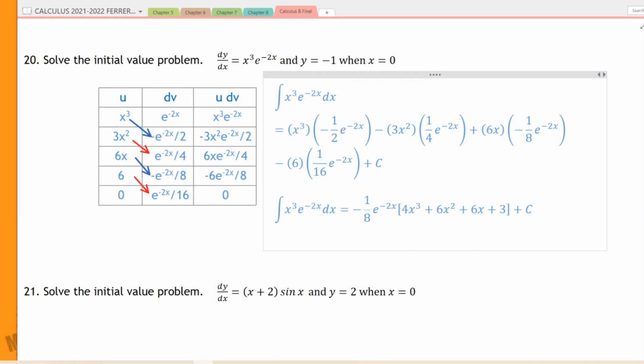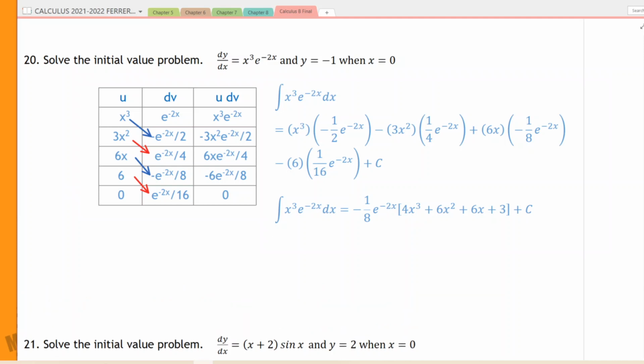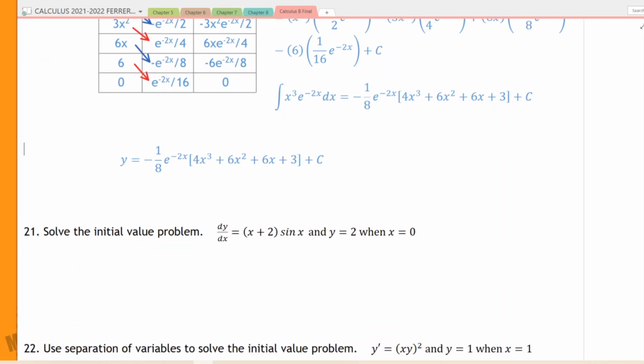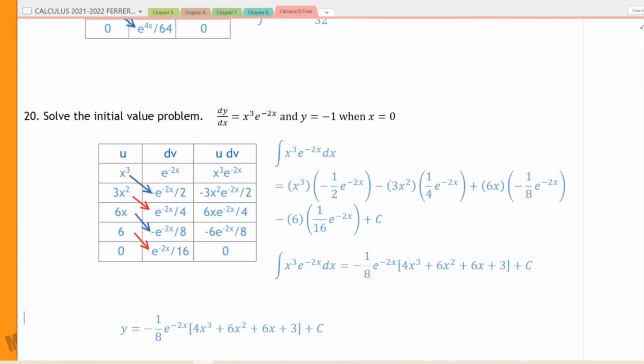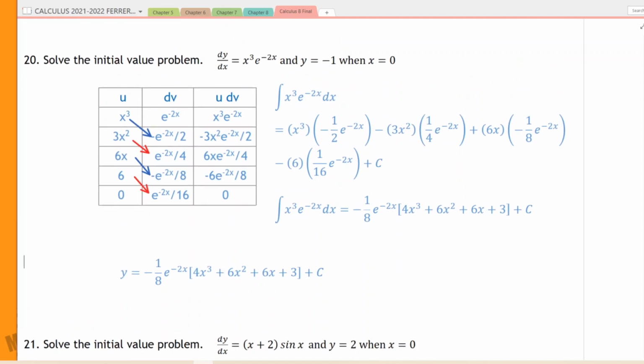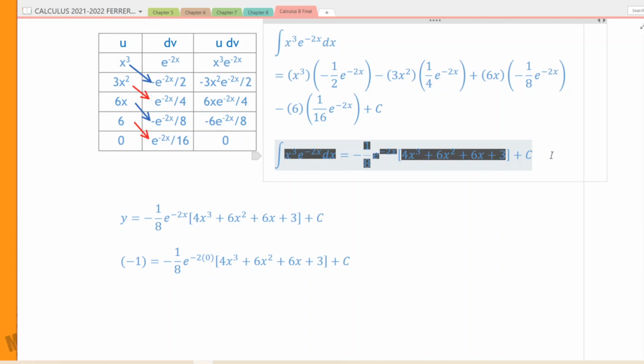And I was just reminded now that we're actually not finished yet because this was an initial value problem. So we're saying that y is going to equal our antiderivative here, and y is going to be equal to -1 whenever x equals 0.